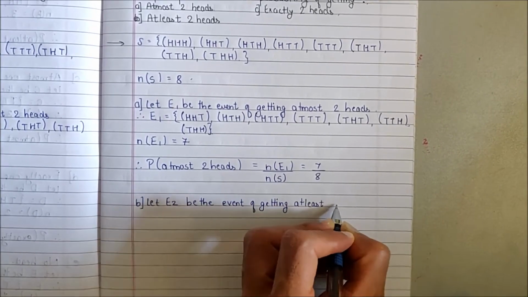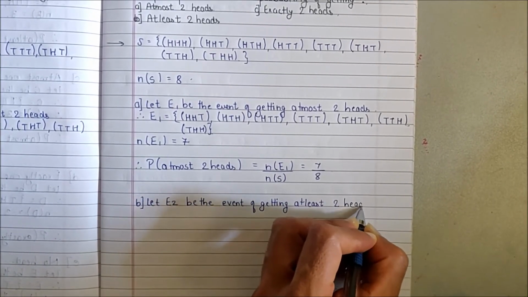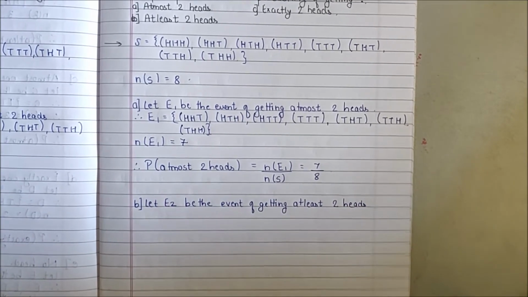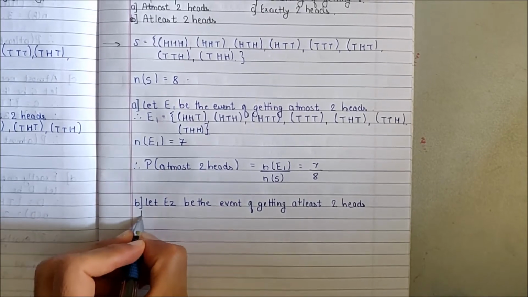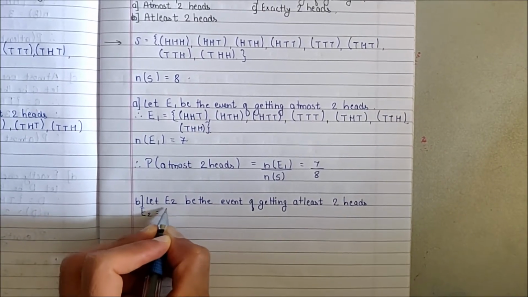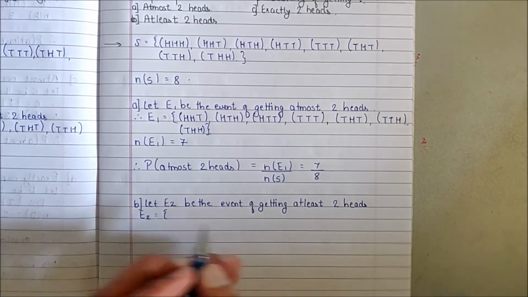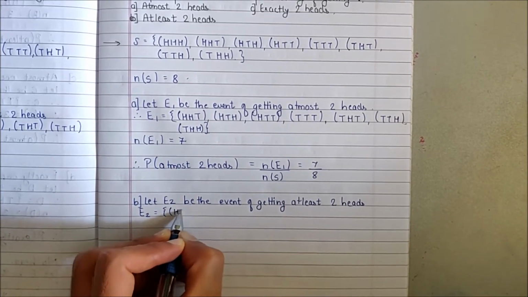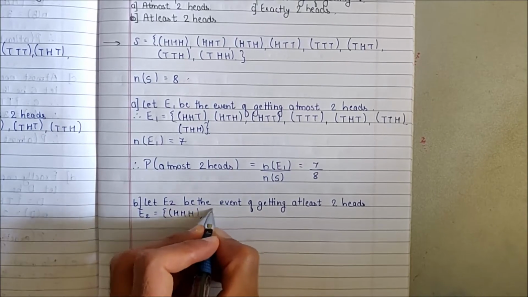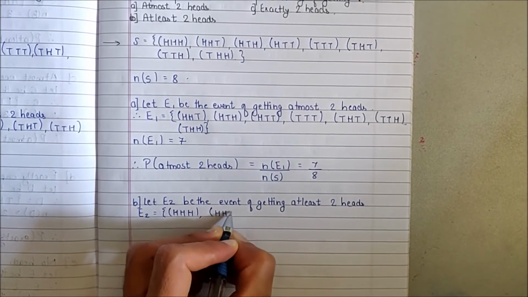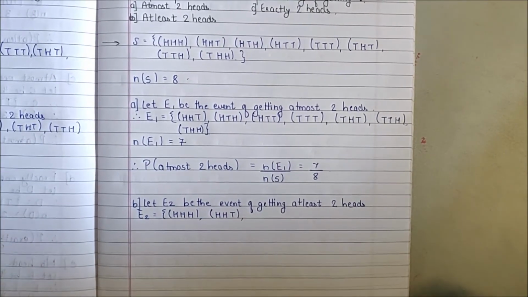Let E2 be the event of getting at least 2 heads. So here the event E2 is going to be, if I want at least 2 heads, all the 3 coins showing head is going to be included. Next, first 2 coins showing head and the third one showing tail.